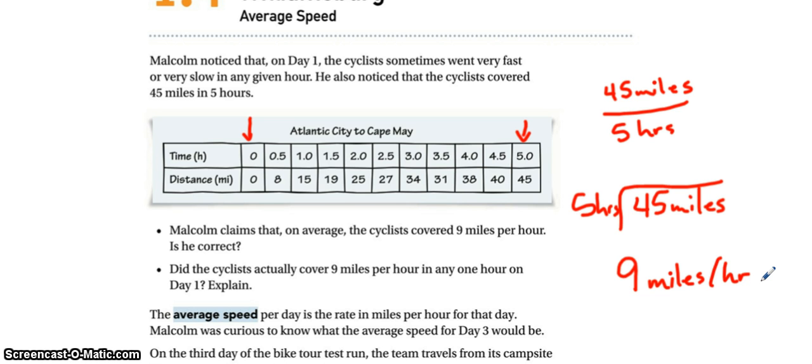But then the next question says, did the cyclists actually ever cover 9 miles per hour on day one?